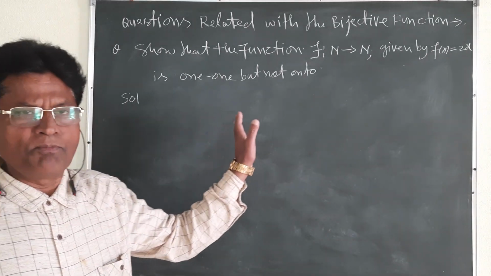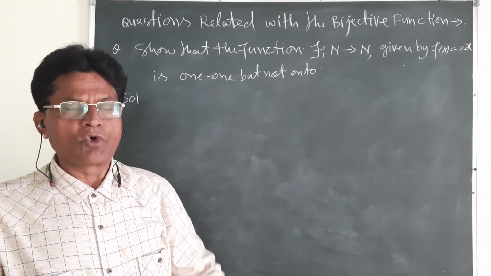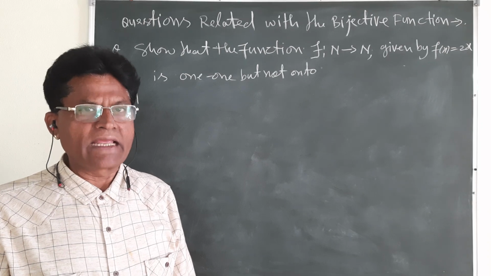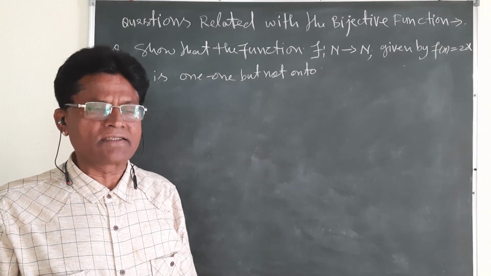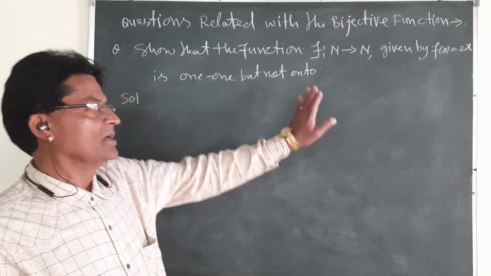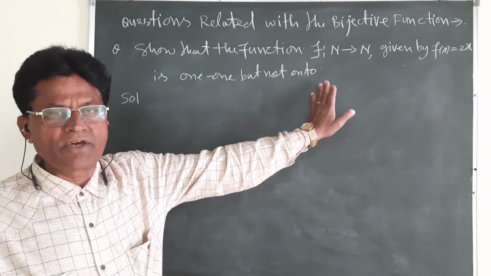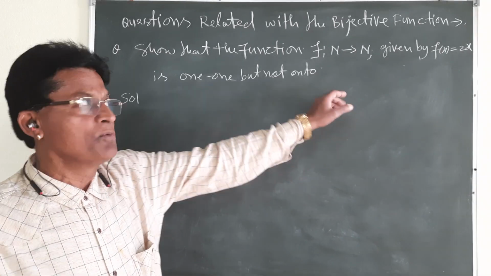Some more steps I discussed yesterday regarding the domain, codomain as well as range related with the function. These three definitions will play a very important role in finding the solution of this question. That is why you must review the definitions of domain, codomain and range.